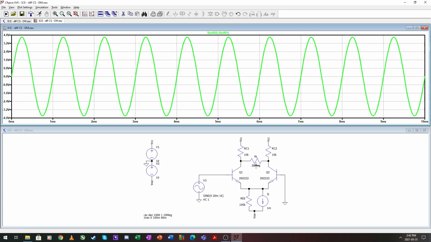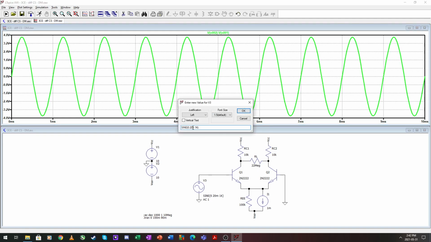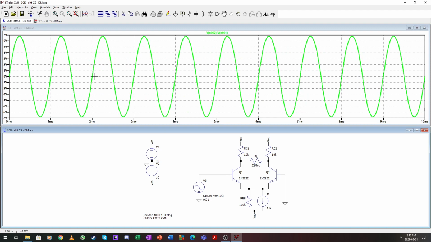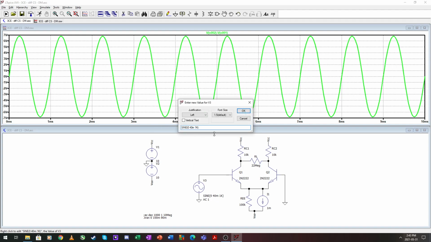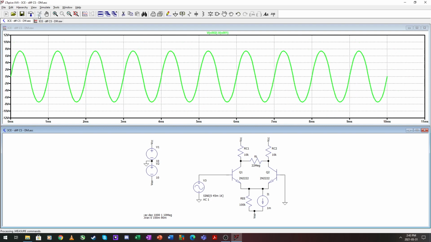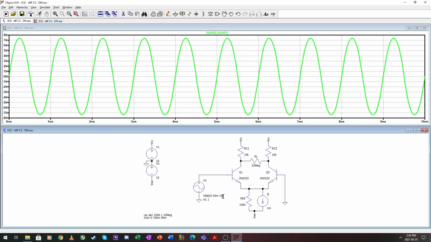Right, so 20 milli in, let's up this a bit, let's make it 40. And we can see that we can start to go to our rails, but there is a little bit of distortion on our signal already because we are driving our transistors with too large a signal, and to fix that you need to add some emitter resistors.